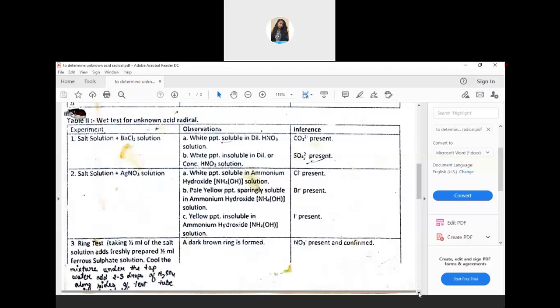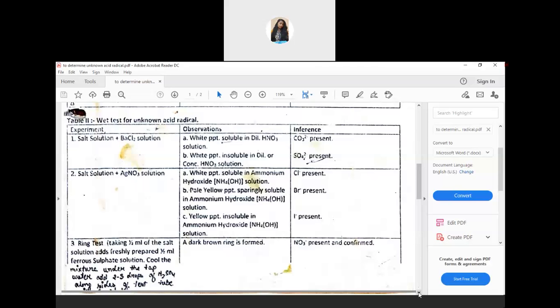If the white precipitate is not dissolving in dilute or concentrated HNO3, that means sulfate is present. Got it? So if carbonate is absent and sulfate is also absent, then you go through the second test.